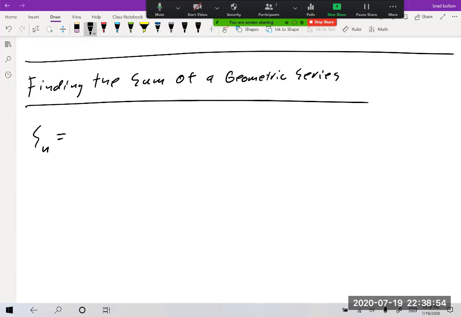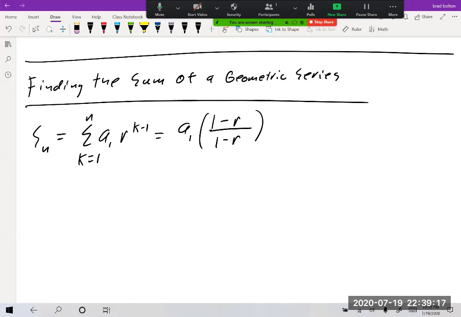Your book uses this formula. And I'm going to give it to you guys just so you have it, but this is not the one I'm going to focus on. I don't really concern myself very often with geometrics that terminate, that have an endpoint. The ones that I'm much more worried about are the infinite ones. So this is the formula that we're not really going to use in this class, but it's in your book in case you see it.